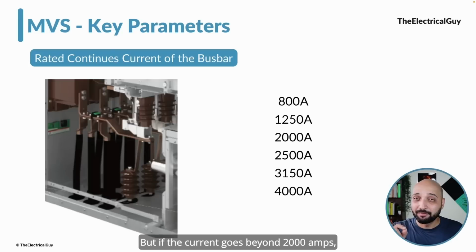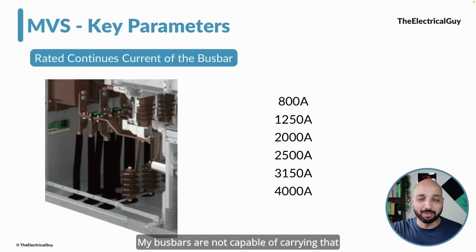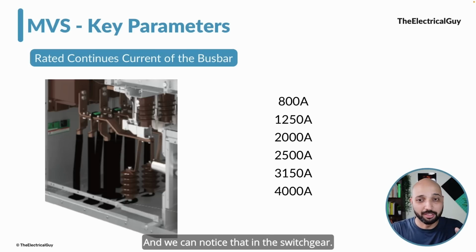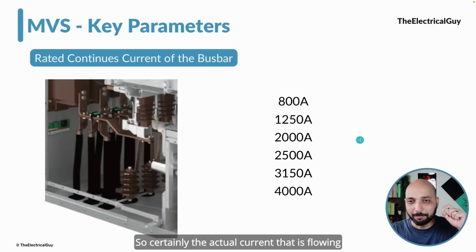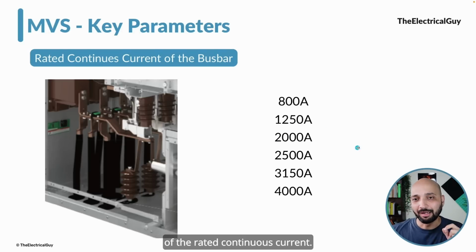But if the current goes beyond 2000 amp, let's say it is flowing 2800 amps continuously, that is a problem. For that, my cubicle is not designed. My bus bars are not capable of carrying that current continuously, and we can notice that in the switchgear.